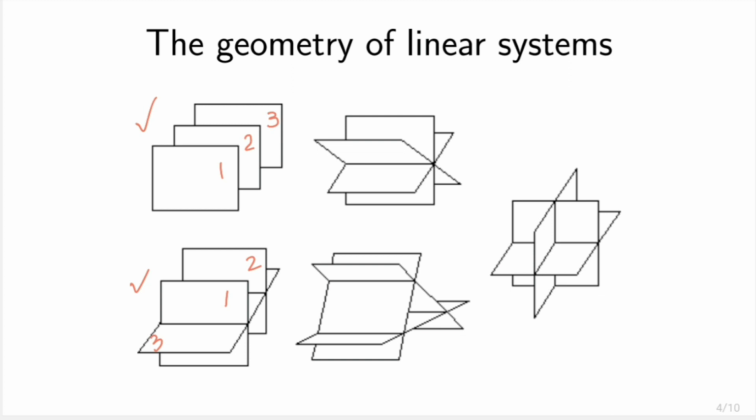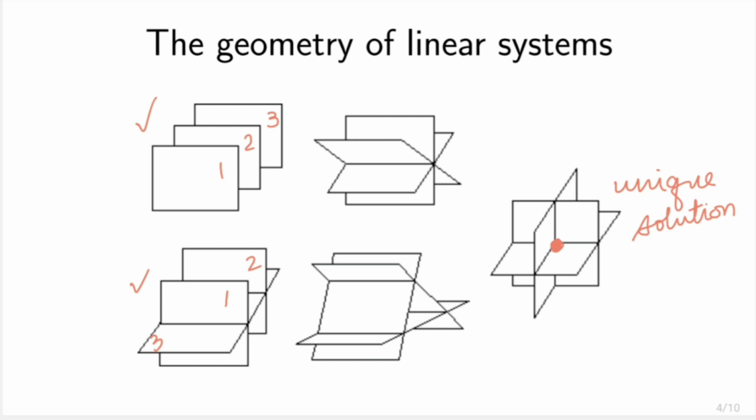And then the case where you have a unique solution is this one, a unique solution, because you have all the three planes intersecting, and they intersect at exactly one point. This is the point of intersection. So you have your first plane, your second plane, and your third plane, and then they intersect at a point.